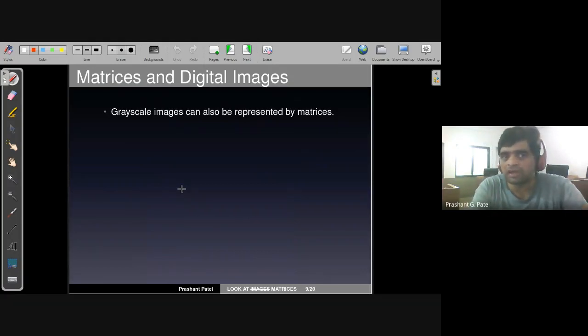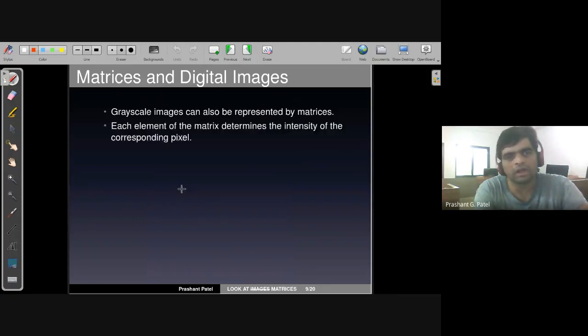Now let us talk about grayscale images. What are grayscale images? When we do scanning of certain parts of the body, we get grayscale images which the doctor shows to you. Those images are known as grayscale images. Each element of this matrix determines the intensity of the corresponding pixel.